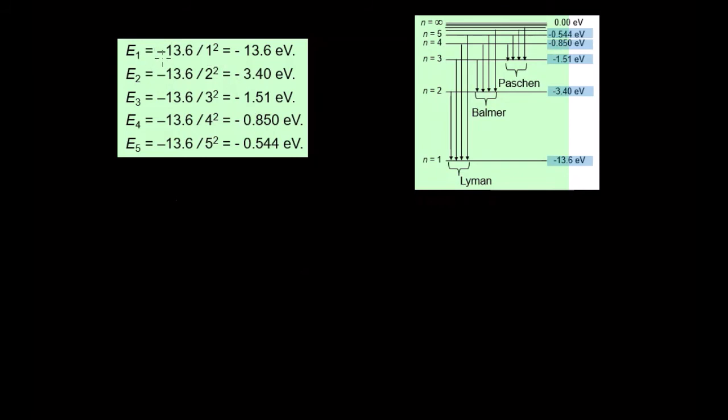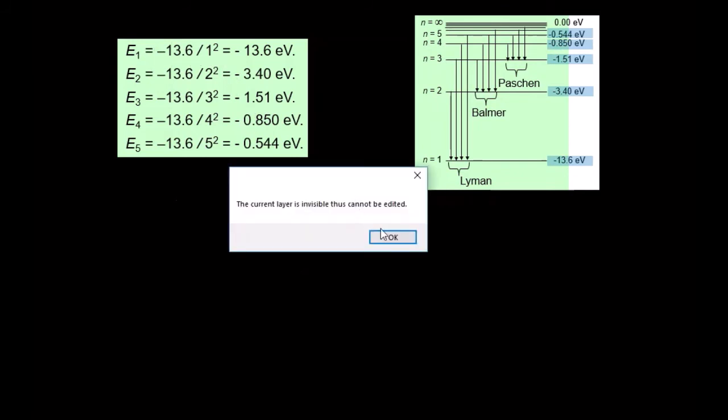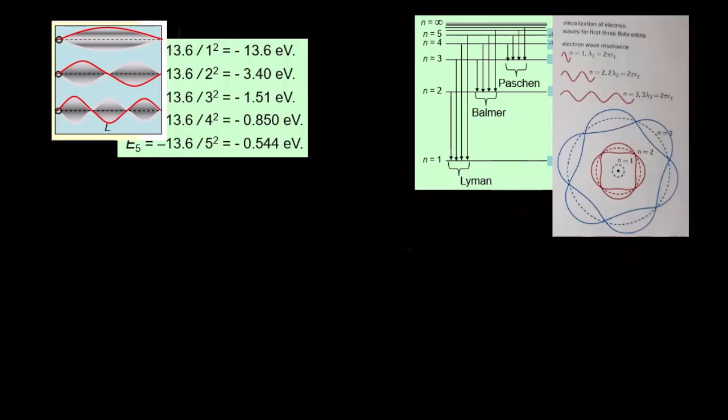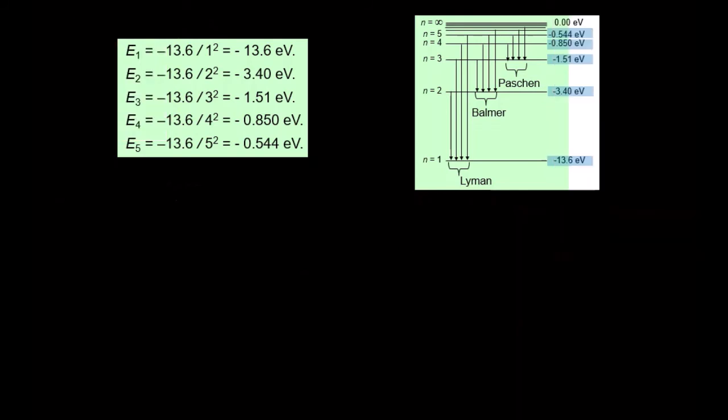The first level, E1, sorry, getting ahead of myself here. There we go. E1, the energy of the first level, the ground state, is minus 13.6 that he calculated, and the one that we observe is actually minus 13.6 electron volts. All the way up to 5.